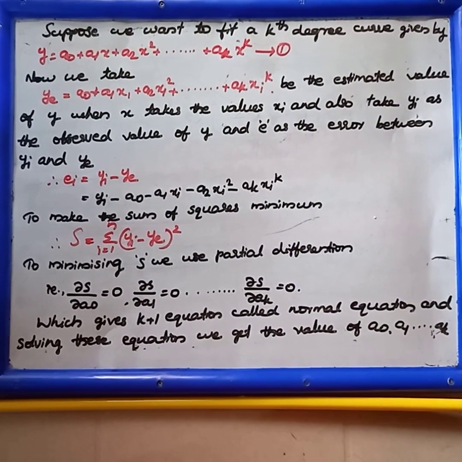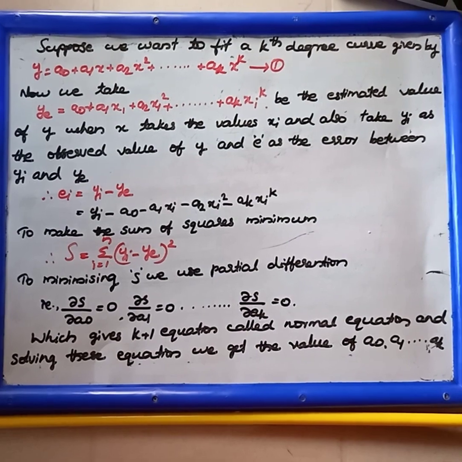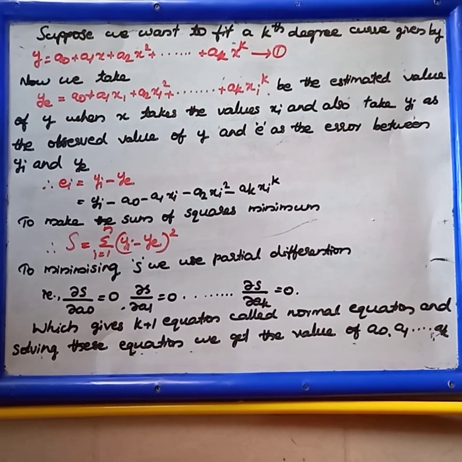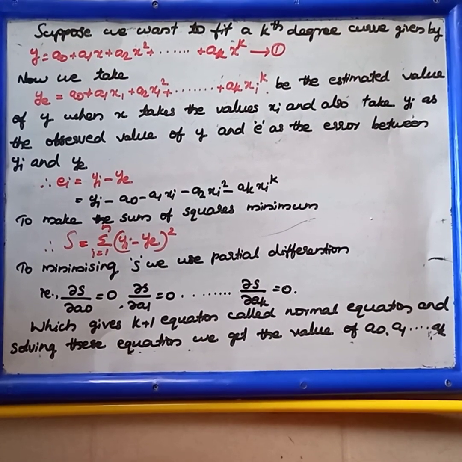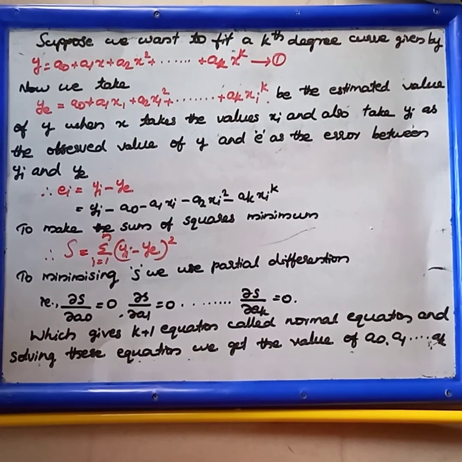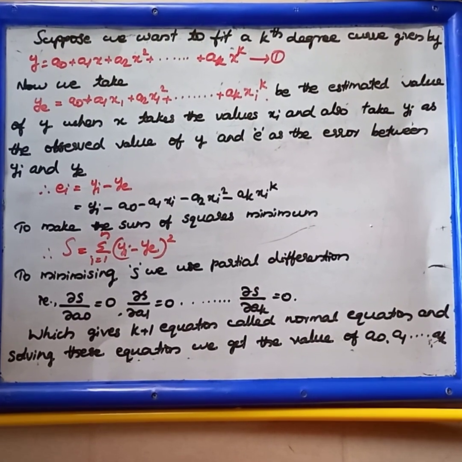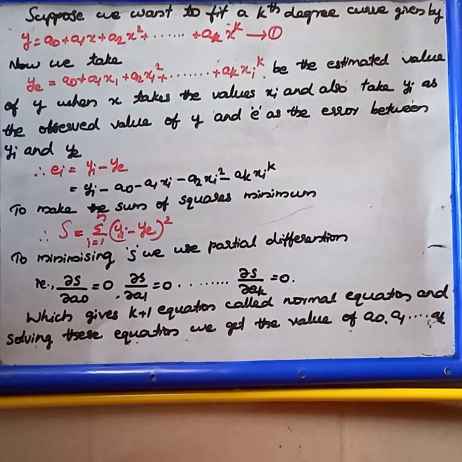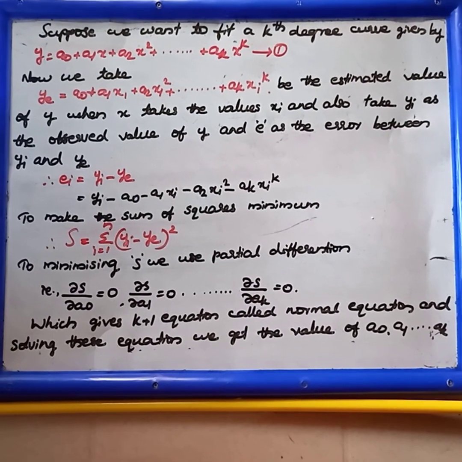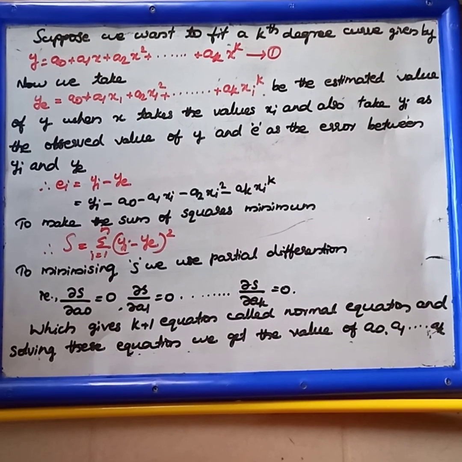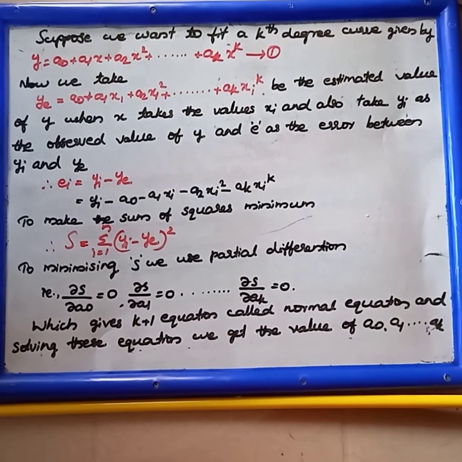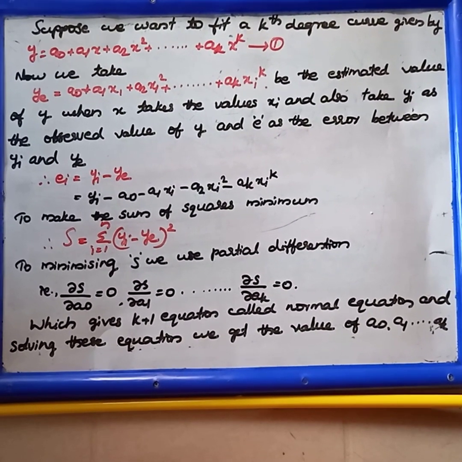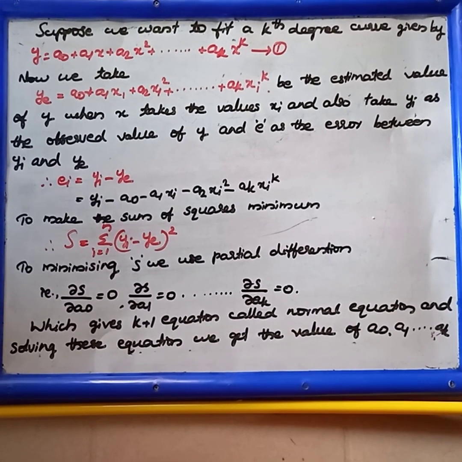Then x takes the values xi, and we take yi as the observed value of y and ei as the error between yi and ye. That is, ei is equal to yi minus ye, which, substituting the above ye, is equal to yi minus a0 minus a1 xi minus a2 xi square minus etc. minus ak xi raised to k.